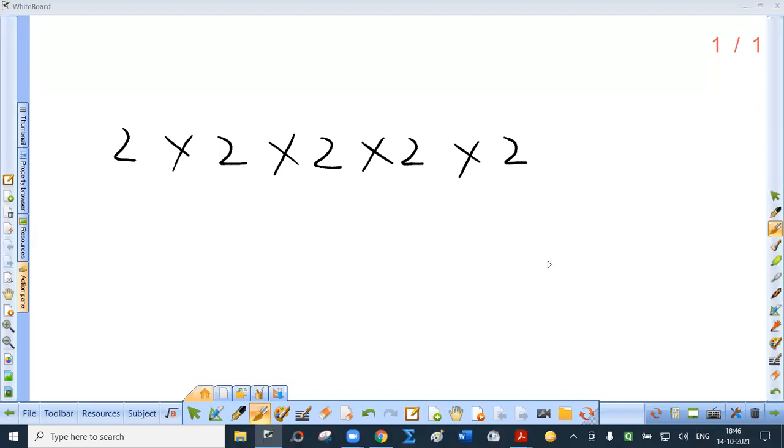Therefore, total number of different sequences of answers equal to, see on the screen, 2 into 2 into 2 into 2 into 2 equal to 32.